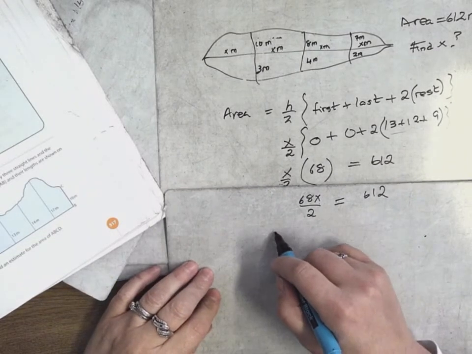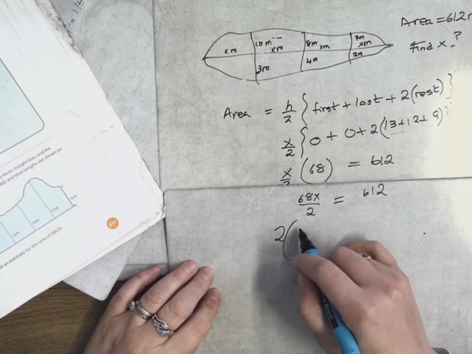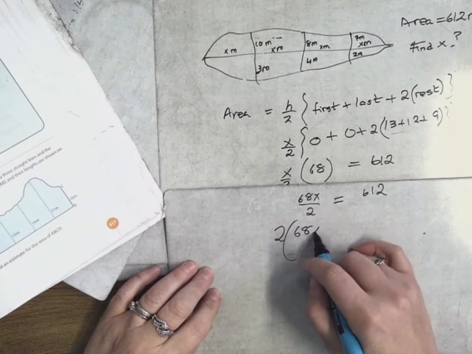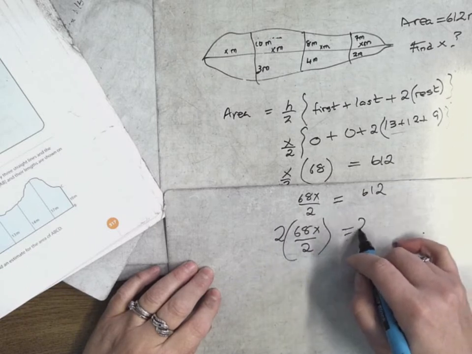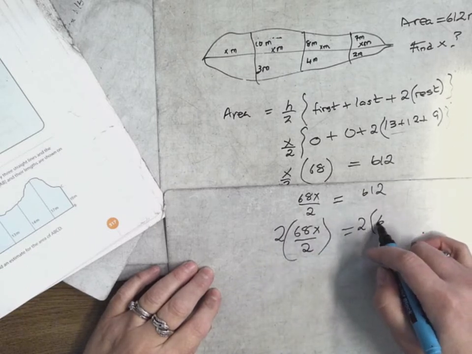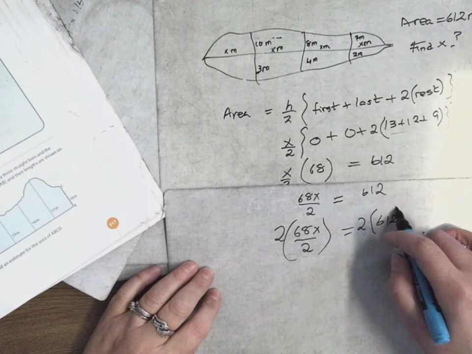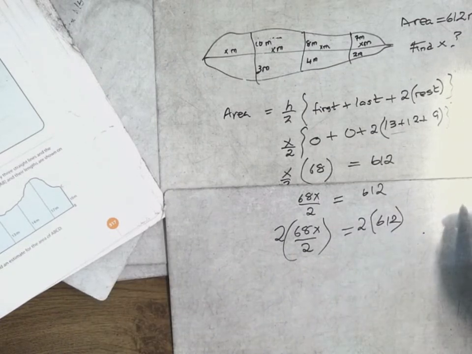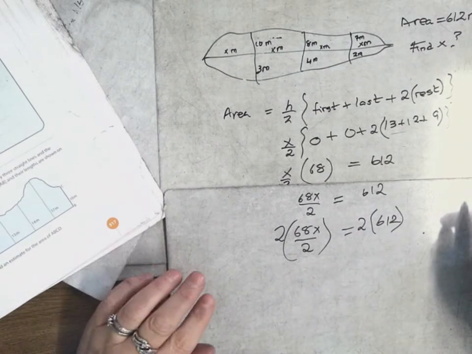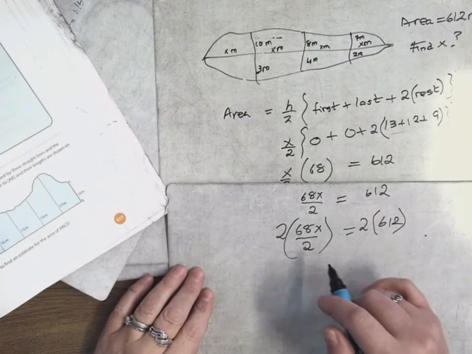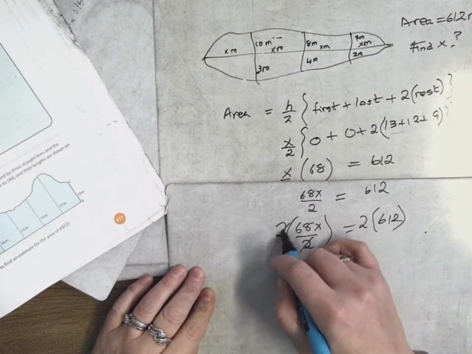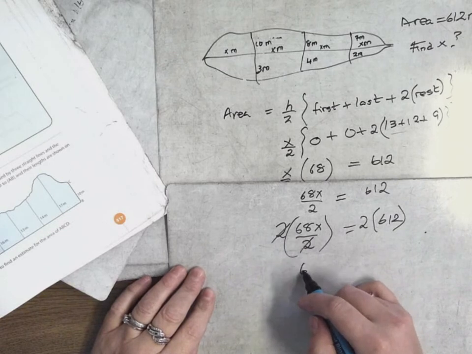So 2 multiplied by the term at this side equals 2 multiplied by 612. And because I've done it to everything, I've changed nothing. Okay? So once you do it to everything, you change nothing. Right? Okay? So they cancel. And you get 68X here.